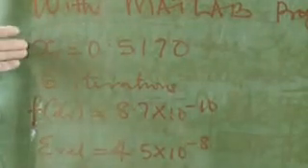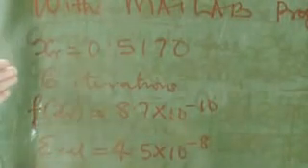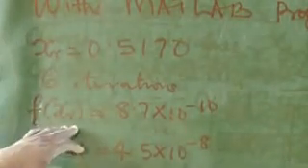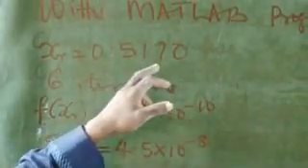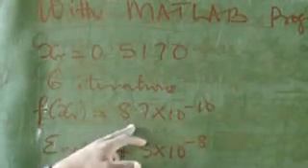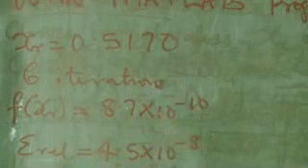Now to check the accuracy of your results, you need to find the function value there. The function value, that is f of xr, which means f of 0.5170, is 8.7 times 10 raised to the power minus 10, which is quite a minute number.